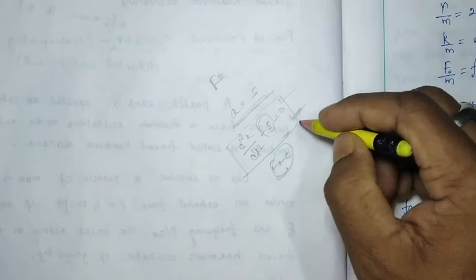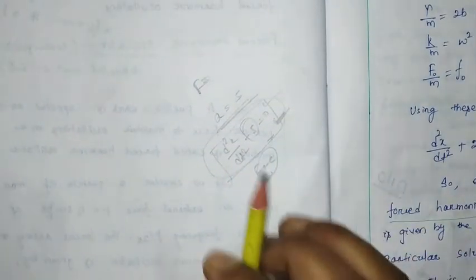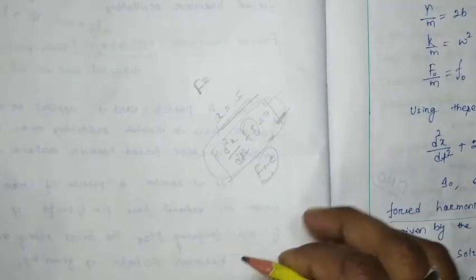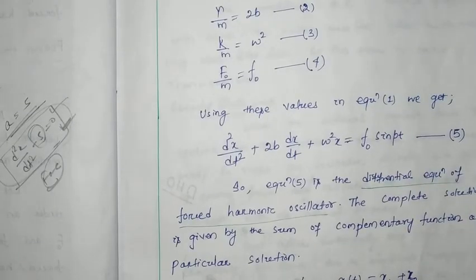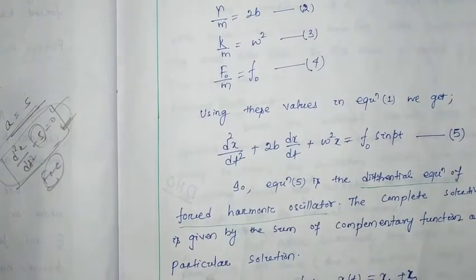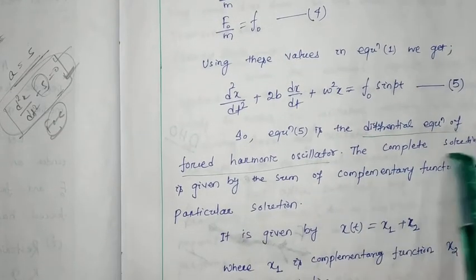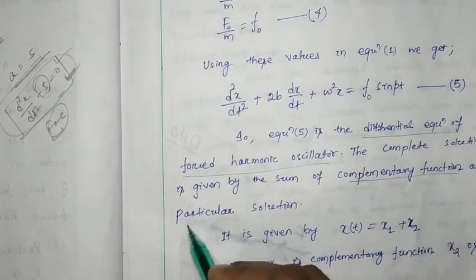So a second order differential equation means there will be dynamics of a particle with respect to something. Wherever you find a second order differential equation, it represents some dynamics in physics. The complete solution is given by the sum of the complementary solution and the particular solution.